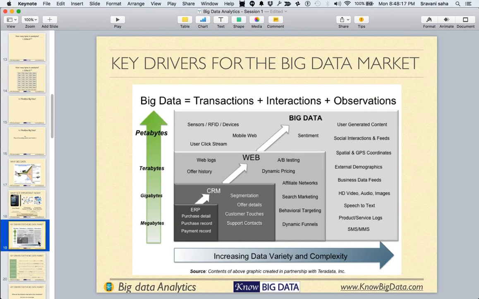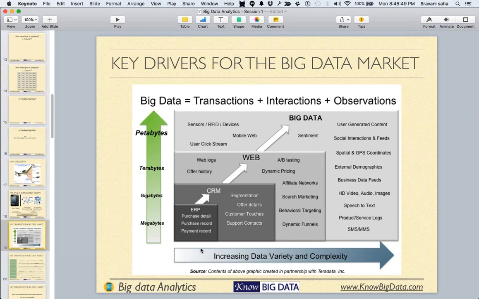So on one hand the data started growing big, and similarly, the dynamics of big data markets also changed. You can see in this diagram, as the data keeps on growing in variety and complexity on one hand, and on the other hand in size, accordingly various systems are evolving.